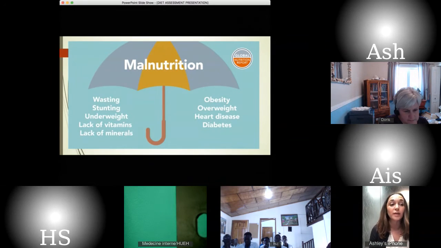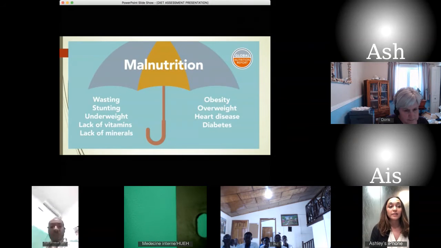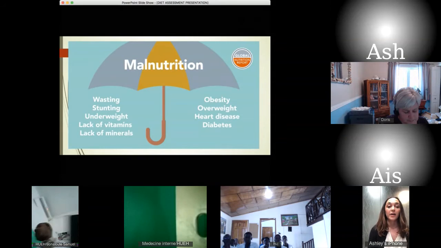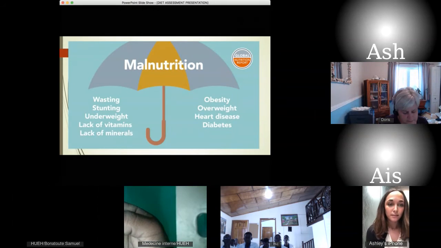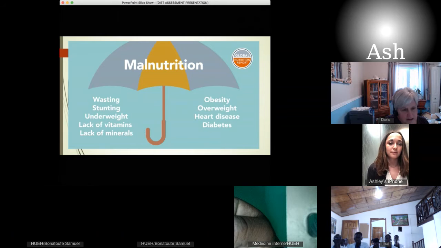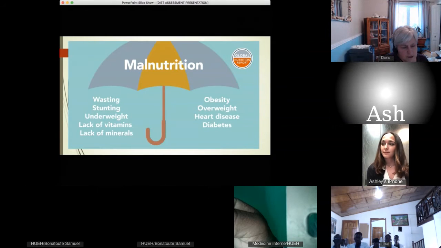There's this undernutrition and wasting and stunting, and this lack of vitamins and minerals, and on the other end of it, there's obesity and people that are overweight, leading to several non-communicable diseases like diabetes or heart disease, even certain cancers.